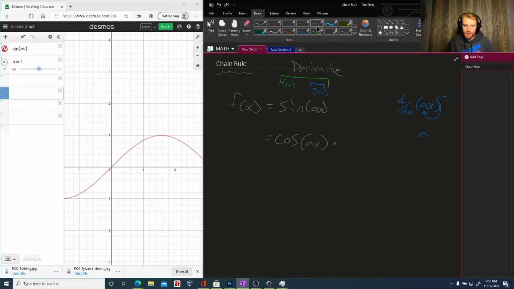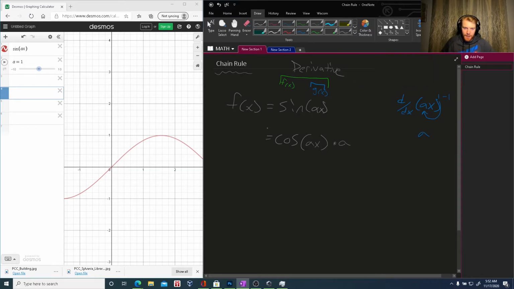You're just treating it like a coefficient times a, and sure enough, just as quick as that, f prime is this, and we can throw the a on front just to simplify it.